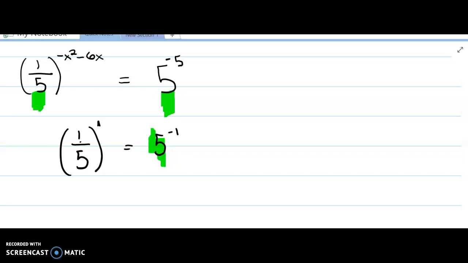Okay, so now I'm going to rewrite it. Now I have 5 to the negative 1, negative x squared minus 6x, is equal to 5 to the negative 5th. Well now what do I do with these?